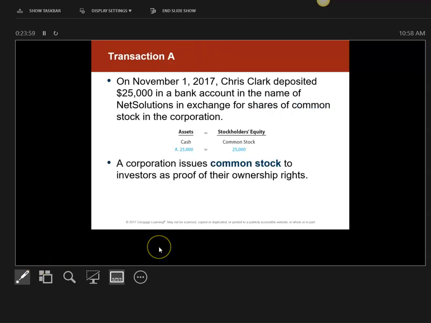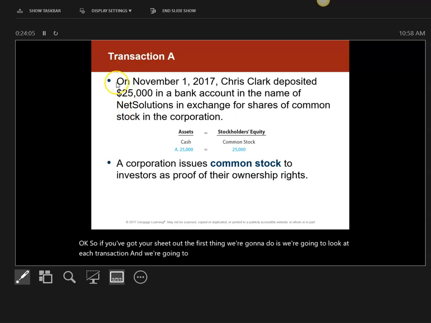Okay, so if you've got your sheet out, the first thing we're going to do is look at each transaction and put a letter attached to it. On November 1st, Chris Clark deposited $25,000 in a bank account in the name of Net Solutions in exchange for common stock. So Chris is the owner, Net Solutions is the corporation.